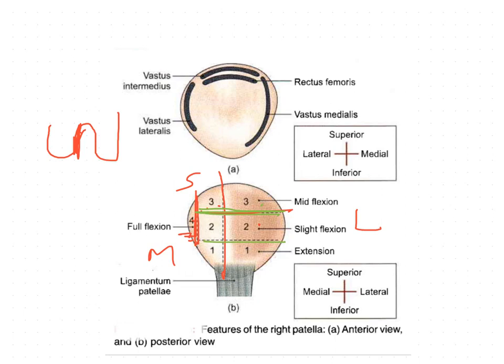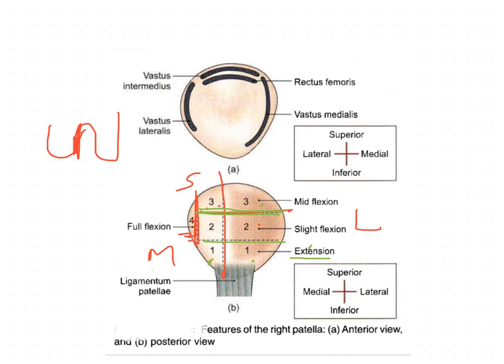So during different phases of movements of the knee, different portions of the patella articulate with the femur. The lower pair, that is the first pair, articulates during extension. During knee extension, these two will articulate with the femoral condyles. Then the middle pair will articulate at the beginning of the flexion.